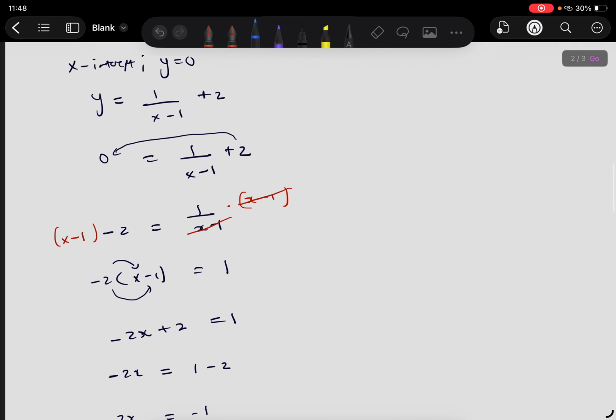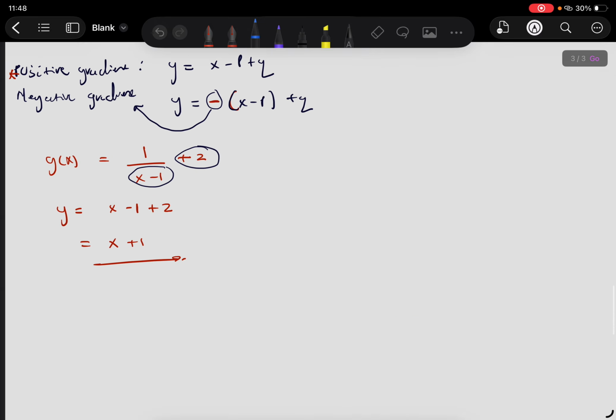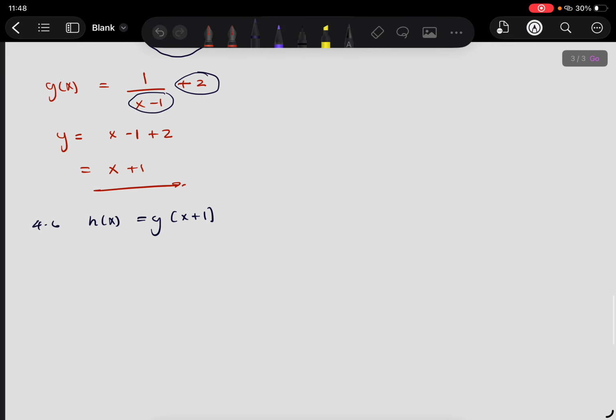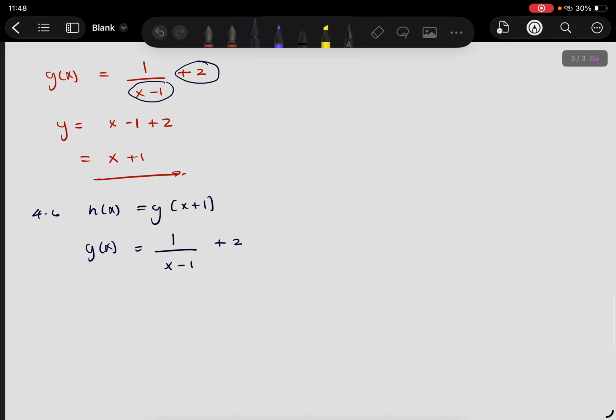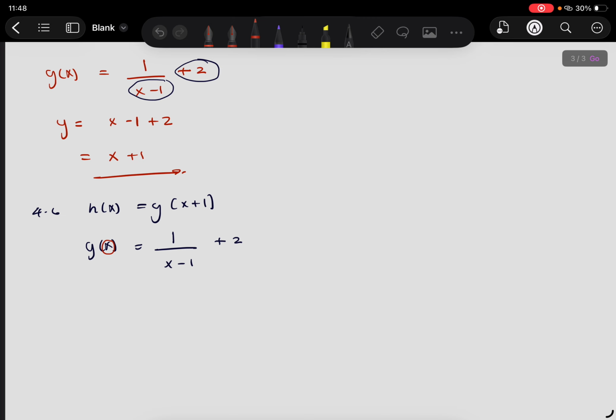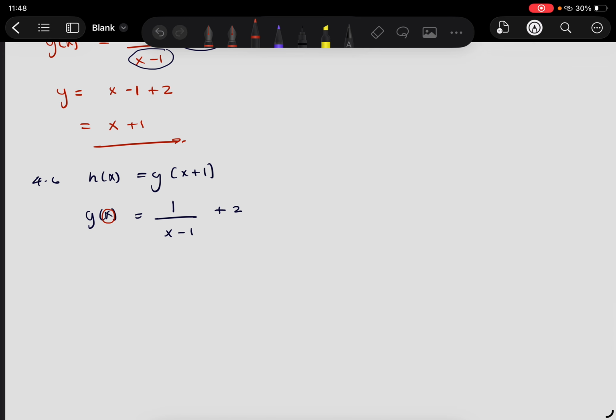Okay, so let's just first get how the new equation will look. Now 4.6, we say h of x is equals to g of x plus 1. We know that our g of x is given by 1 over x minus 1 plus 2. This was just g of x, right? So when we have h of x, which is g of x plus 1, it means instead of just having x, we'll have x plus 1.